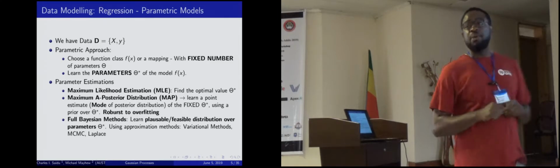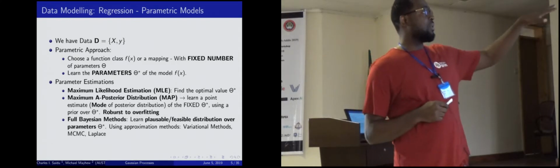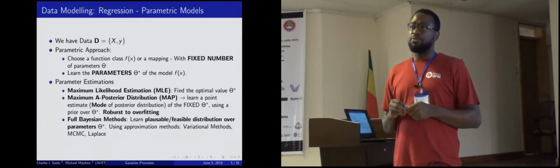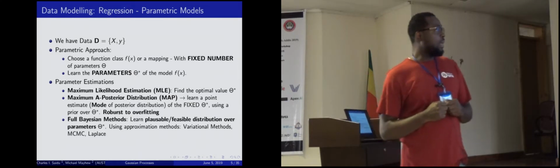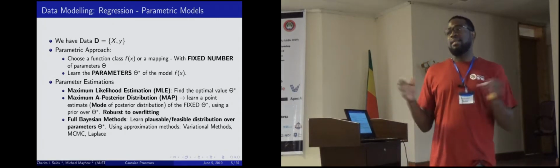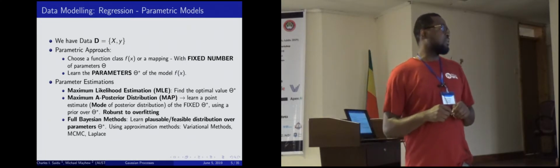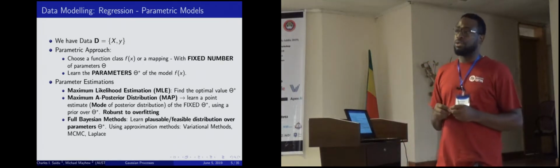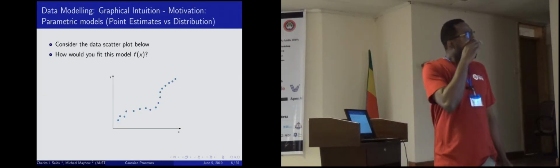And then we can learn those parameters of our model, either doing maximum likelihood estimates, that is if, for example, we don't have a closed form solution to finding those parameters, or we can do MAP, which basically learns and estimates the mode of the posterior distribution, combined with a prior. We can also go the full Bayesian method, where we basically do some approximations to the posterior to describe the behavior of data.